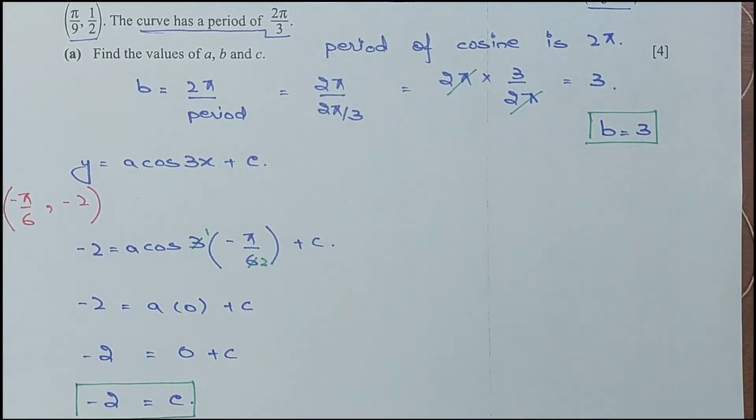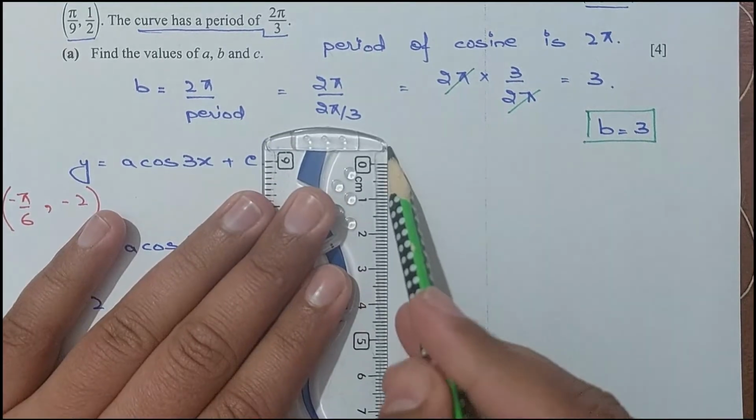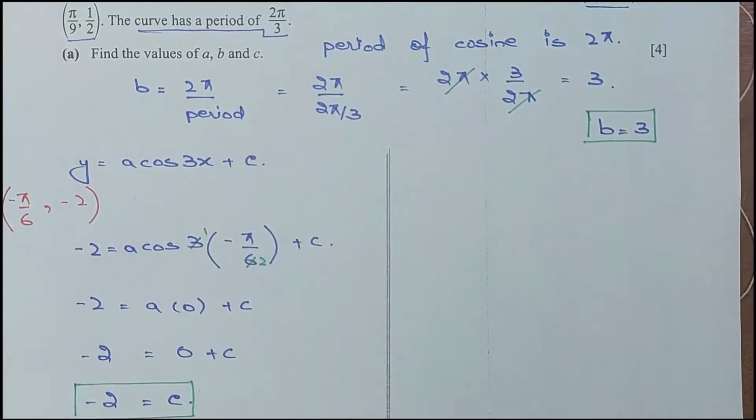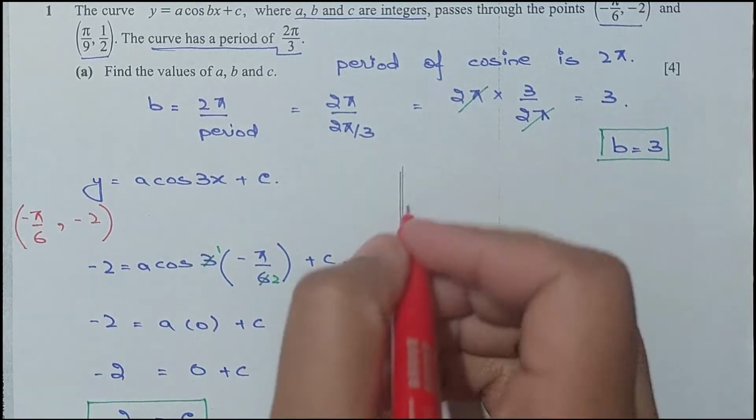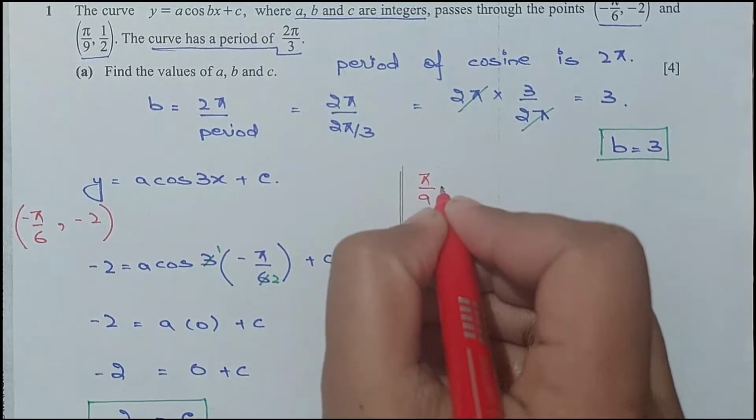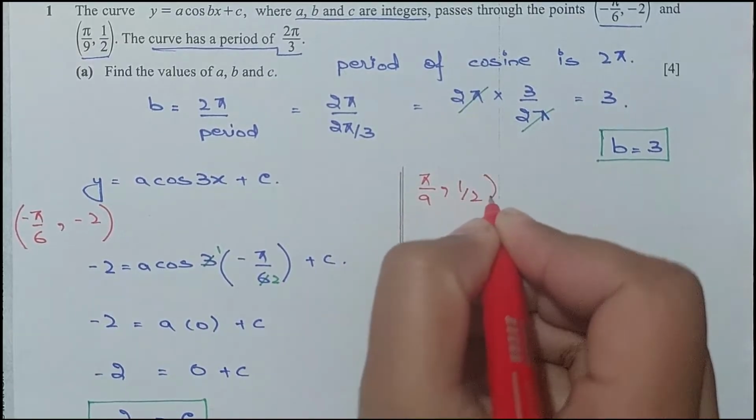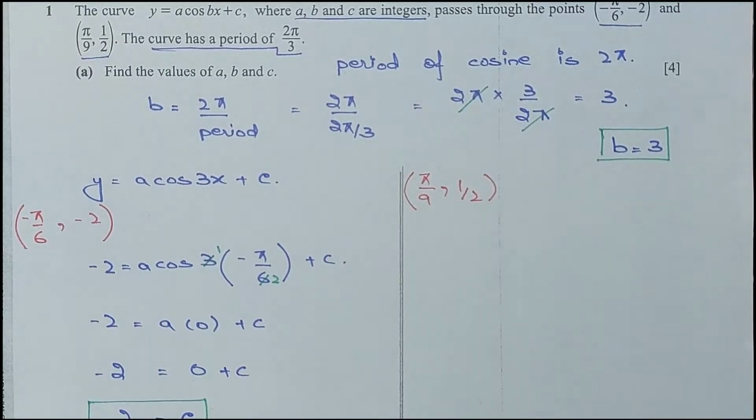Now, next step, we have to substitute the other point which is given to us. Let me do the rest of the part over here. Let me plug in the point which is pi by 9 and 1 by 2. Pi by 9 and 1 by 2, x and y.